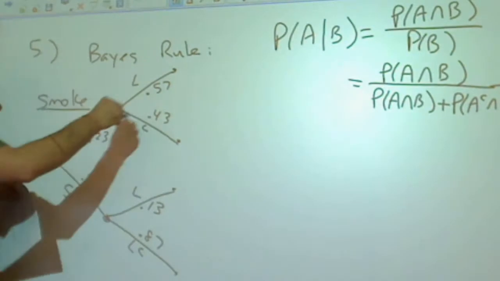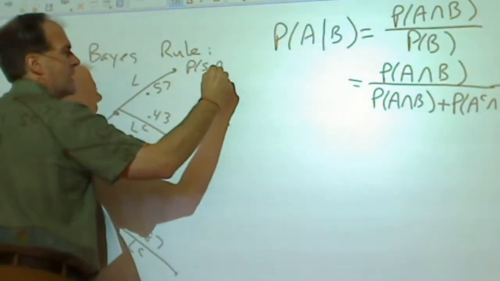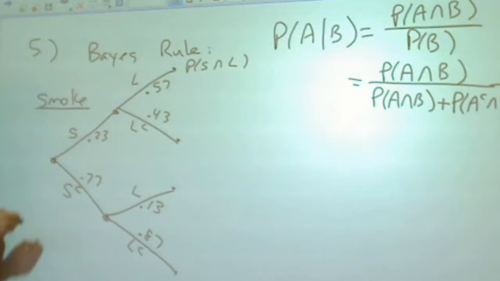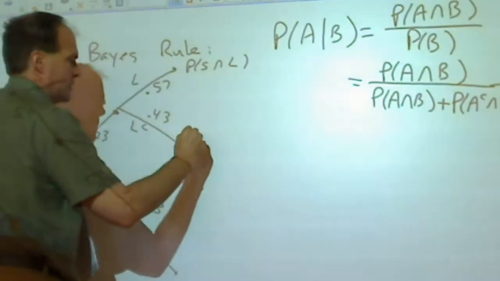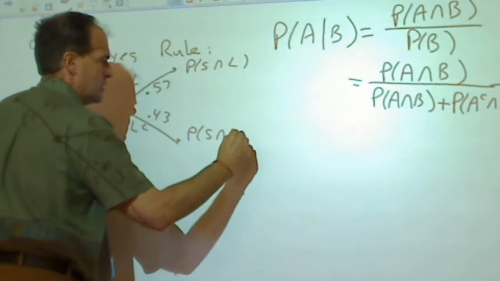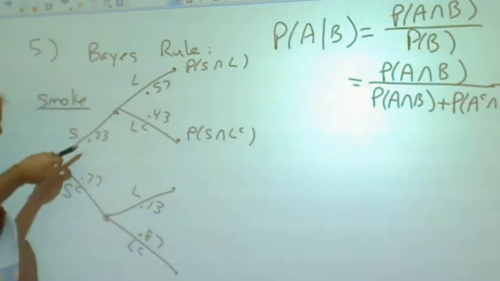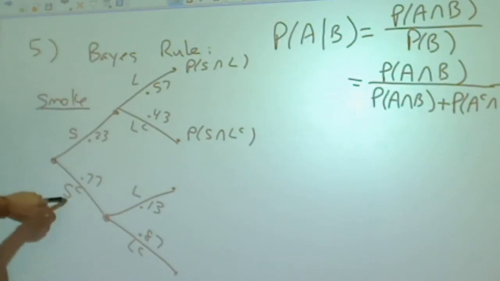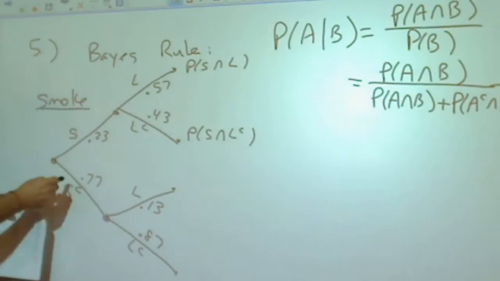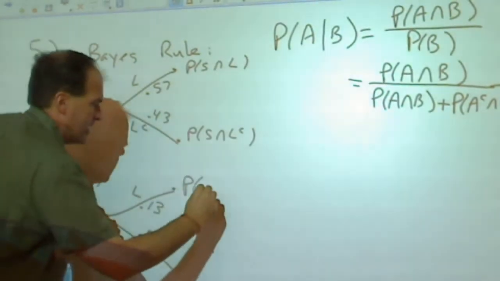If I go up the branch, this is probability of S and L, intersected with L. That next branch, smokers and not lung. And then getting the probabilities, I just multiply the two numbers together. What is your S at the bottom underneath? At smokers. Oh, complement. Okay. So just my bad handwriting.